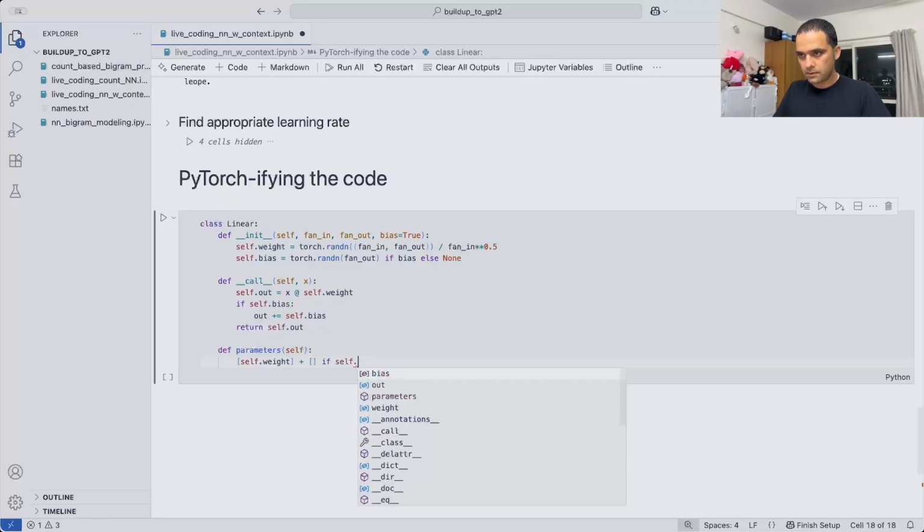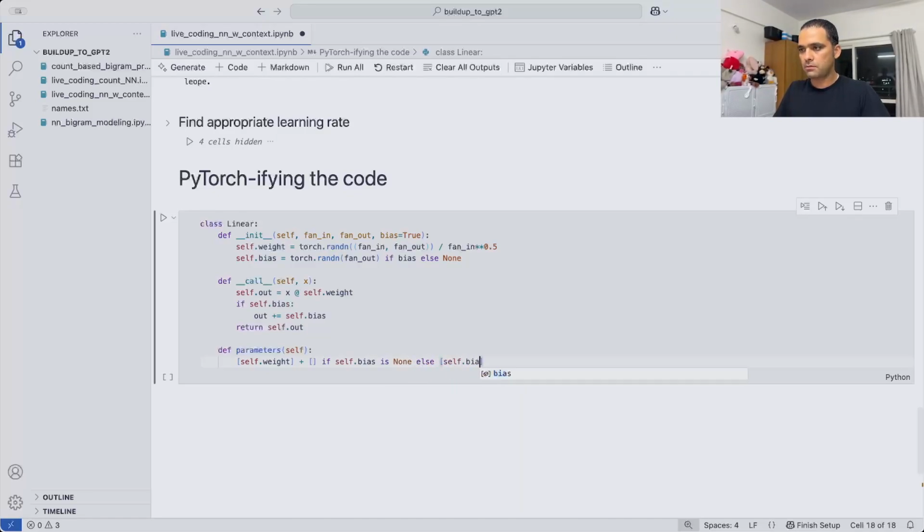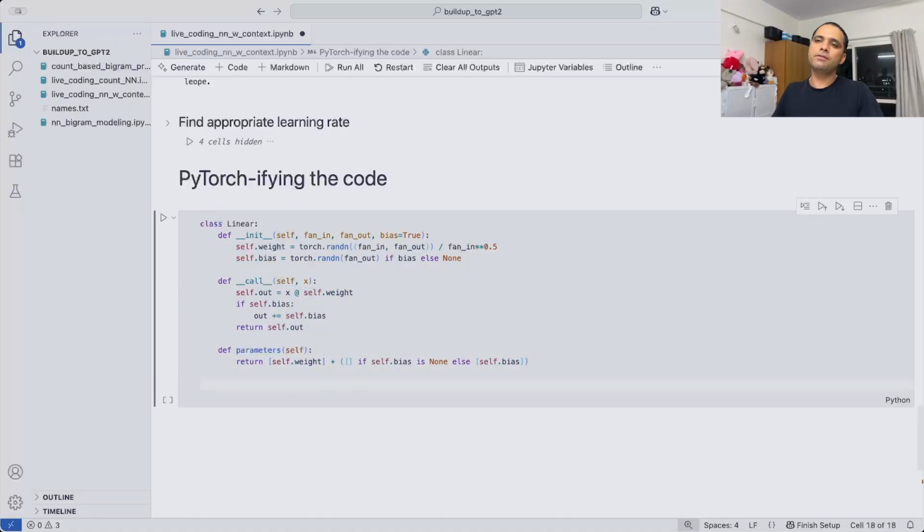Parameters will be self.weight plus self.bias if bias exists, otherwise just the weights. Okay, so we have defined our linear class.